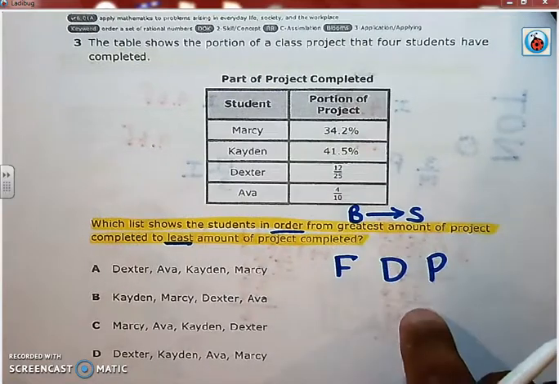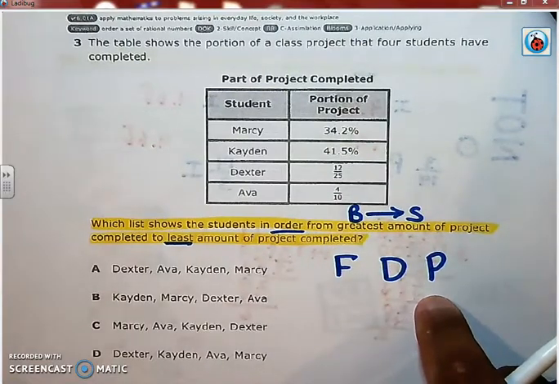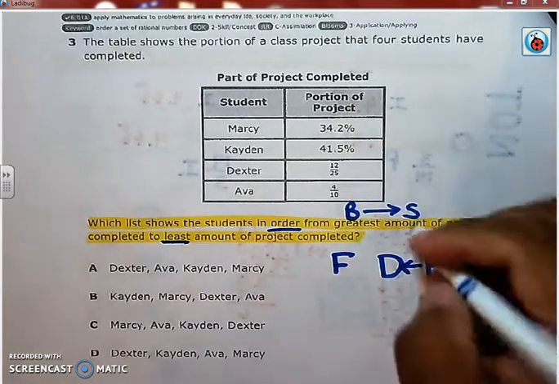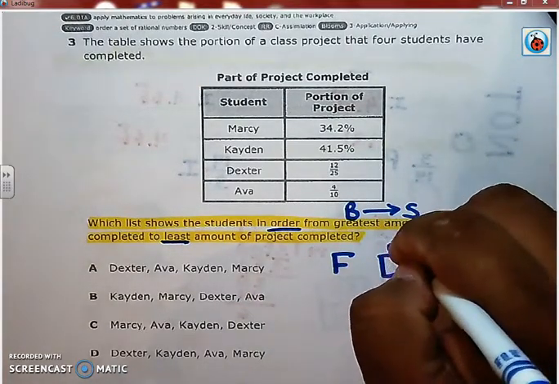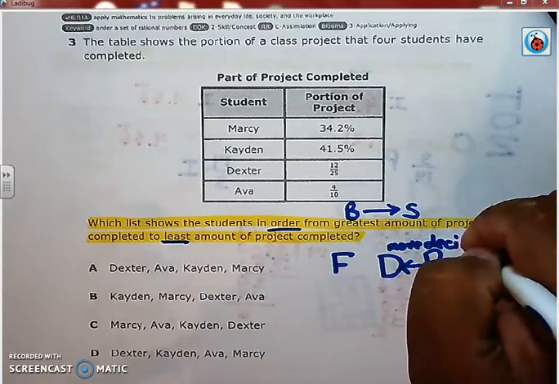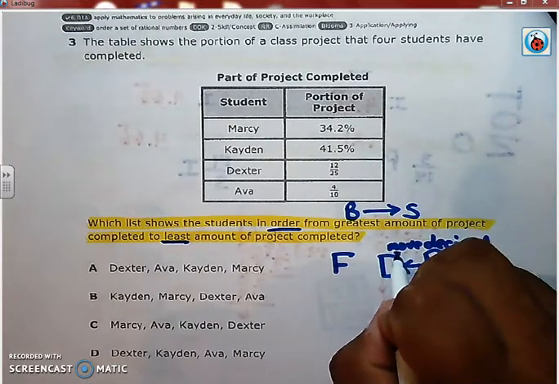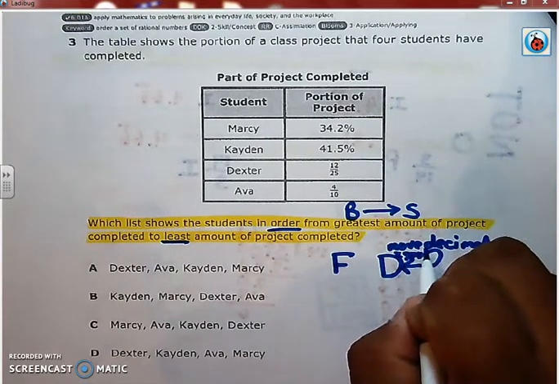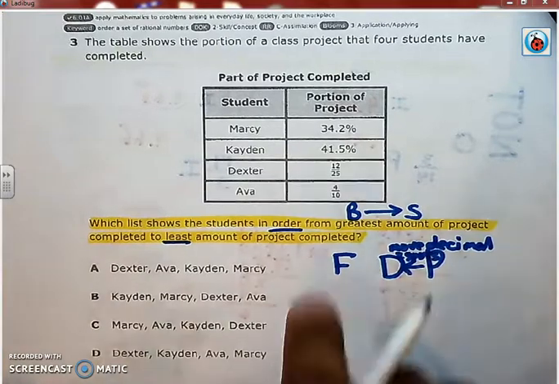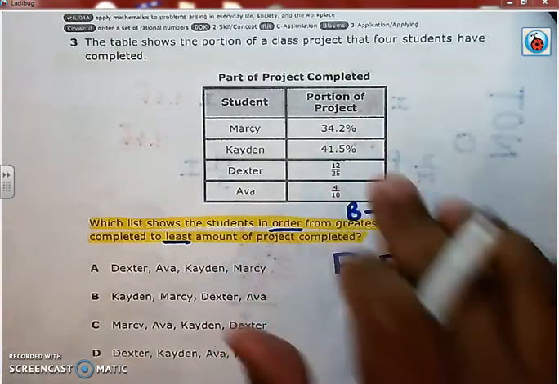So if I have a percent and I want to switch it back to a decimal, our teacher taught us how to do that. We have to move the decimal 2 spots to the left.